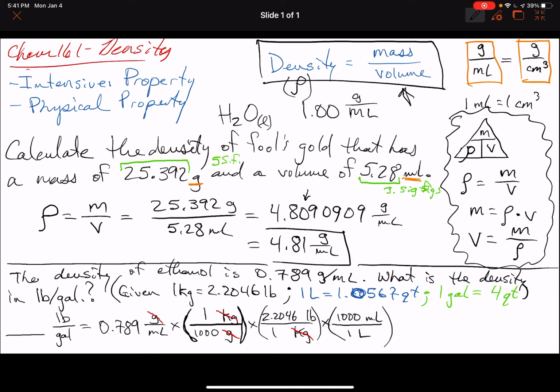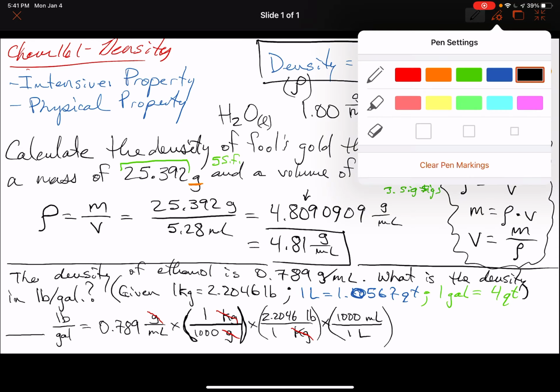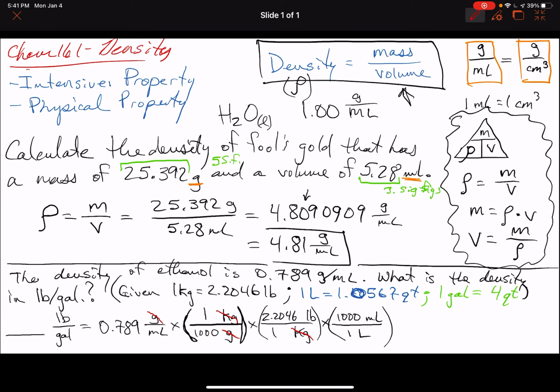If we stopped there, our unit canceling would tell us that the milliliters end up canceled, and we now inherit liters as the denominator. Let's keep going, and use that blue information to help us get out of the denominator liters this time, and instead get into quarts, which would then allow us to use the final identity, which is the gallon information.